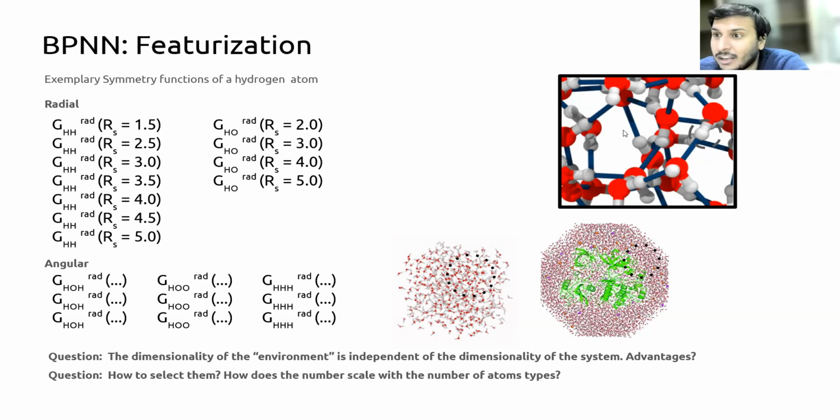So in this case, with oxygen and hydrogen, we just have pairs of hydrogens, pairs of oxygens, right? But if we have 5 different types, we'll have more pairs, and then we'll have many more triplets, right? So the cost of making these features will keep getting larger for more atom types.